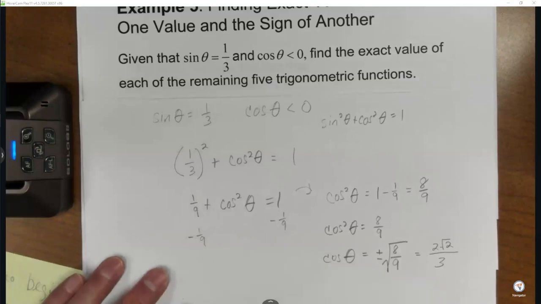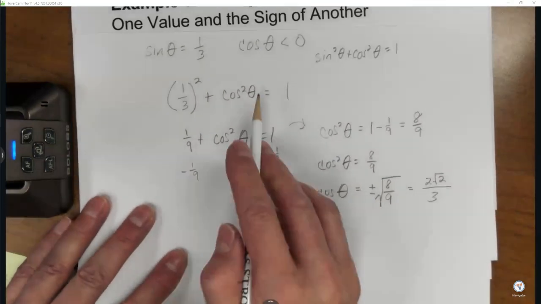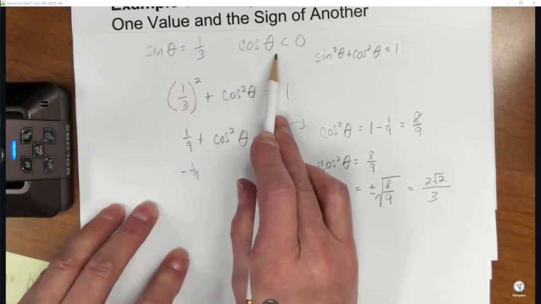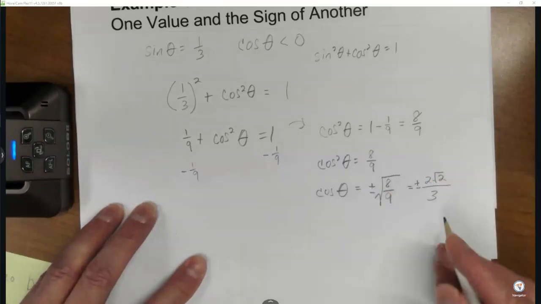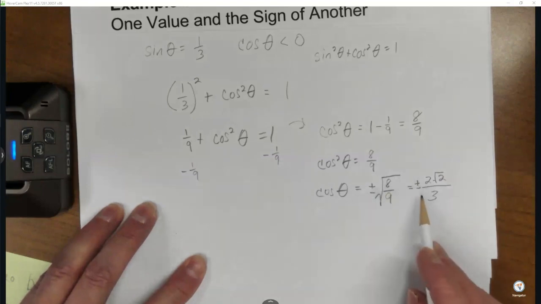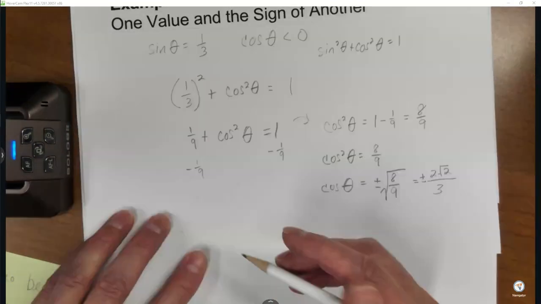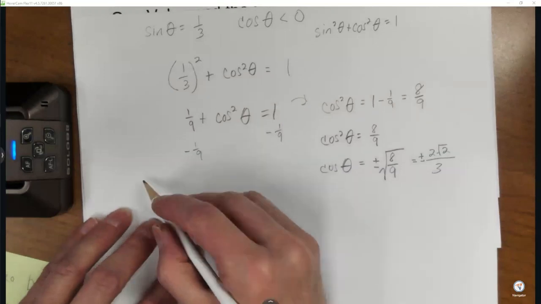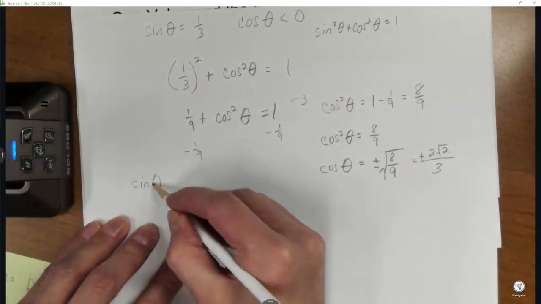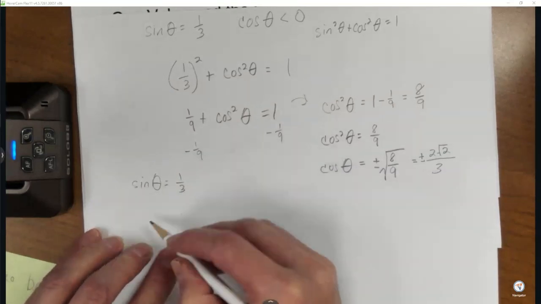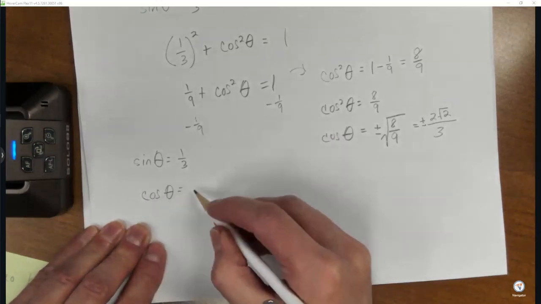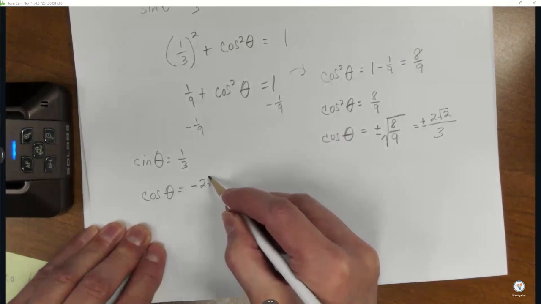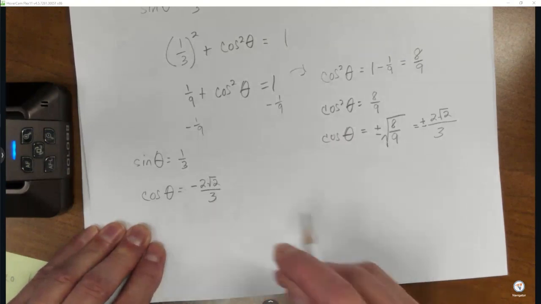Okay, so they gave us the clue that the cosine of theta is less than 0. So of our options for positive and negative, we're going to take the negative because that's told. So we've got the sine of theta equals 1/3, and the cosine of theta equals -2 square root of 2 over 3.